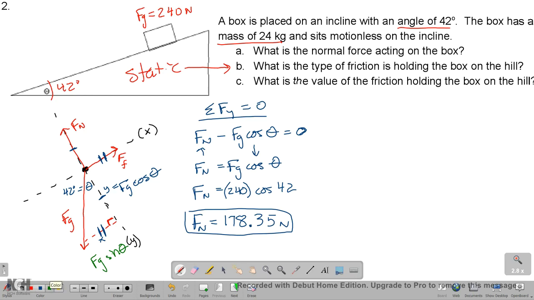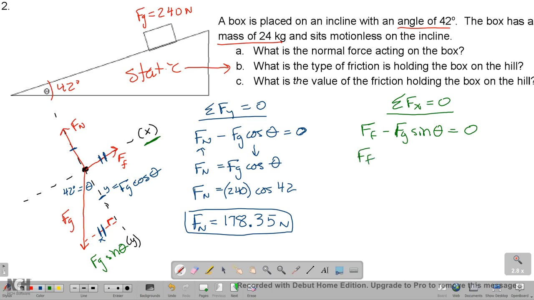Now it wants to know what is the value of friction holding the box on the hill. And to solve for that, we're going to need to do a sum of the forces in the x direction and set that equal to 0 because the force of friction is on our x-axis. So the force of friction minus Fg sine theta is equal to 0.